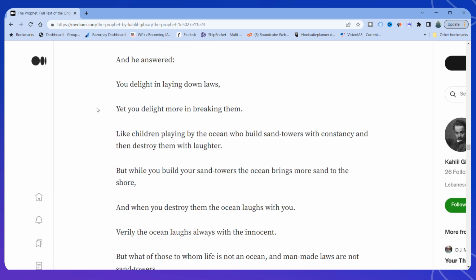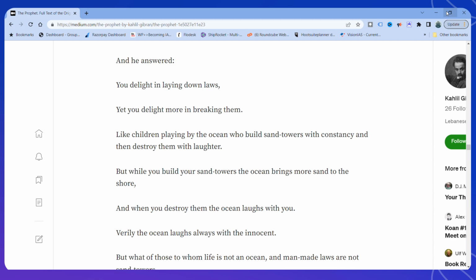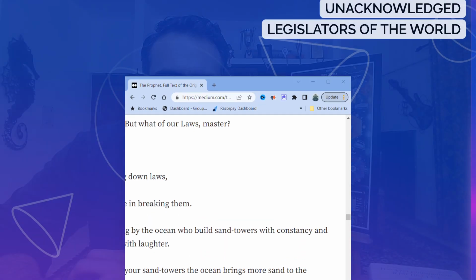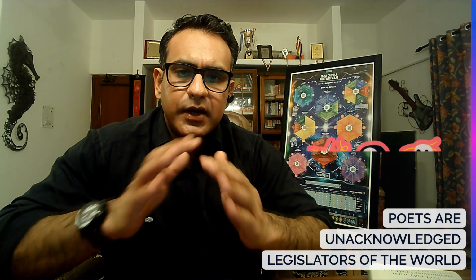This is his commentary about laws, and he's saying essentially that the ultimate law is the law which is laid down by God. The ultimate law is the law which is laid down by the human conscience. And these laws, the ones you are talking about, are just man-made creatures, and they're like sandcastles which children build. They build it and then they break it, and more sand comes, and that goes on and on and on.